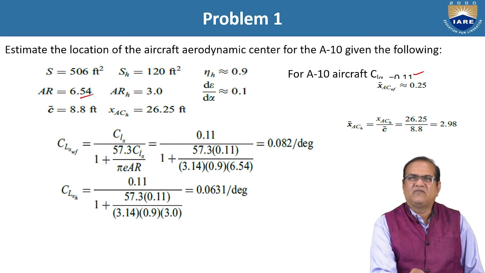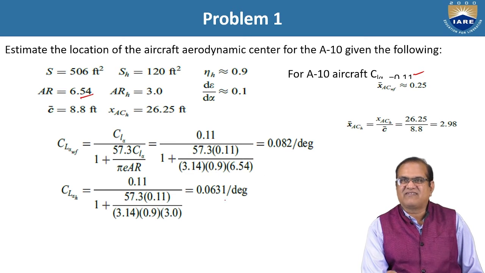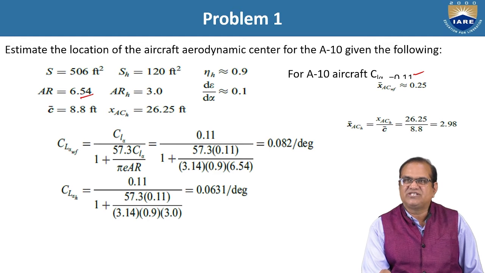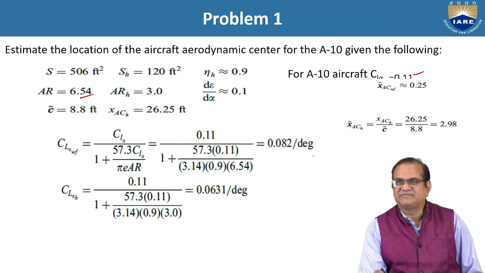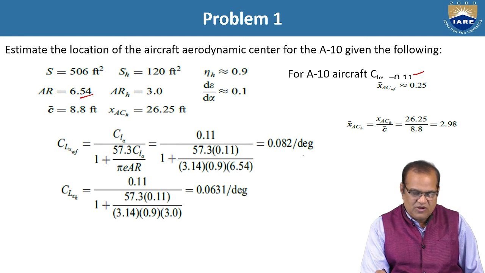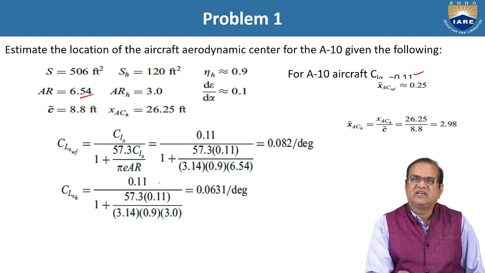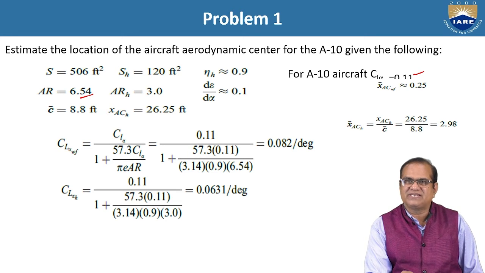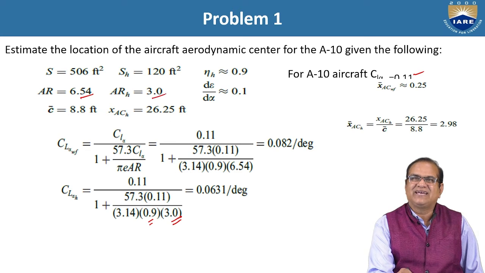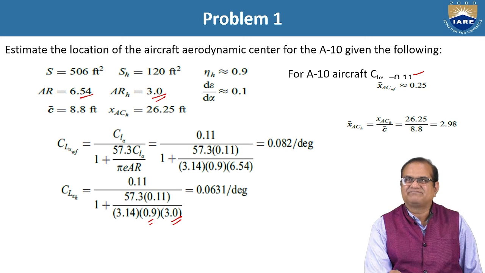This is the wing. So we will get 0.082 per degree. Now to find CL alpha H, it is 0.11 divided by 1 plus 57.3, here we put 0.9 and the aspect ratio 3.